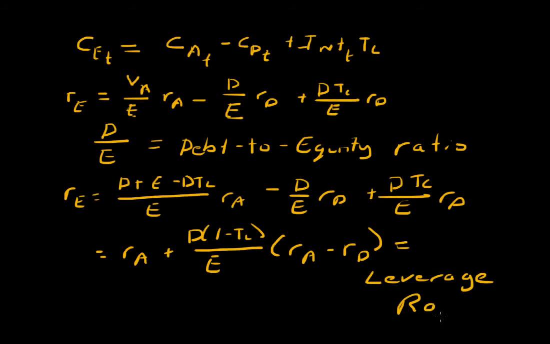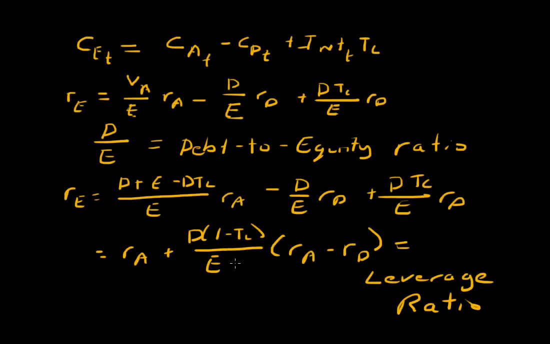And why is it called that? Well, essentially it's looking at the rate of return for equity holders based off of the standard rate of return on those assets, and then adding the extra value with leverage, right? The extent that you get more bang for your buck on leverage is based off of the spread between your rate of return on assets versus what you have to pay to finance those assets in the form of debt, and then you get the added benefit of the interest tax shields. So that's what this formula is showing.